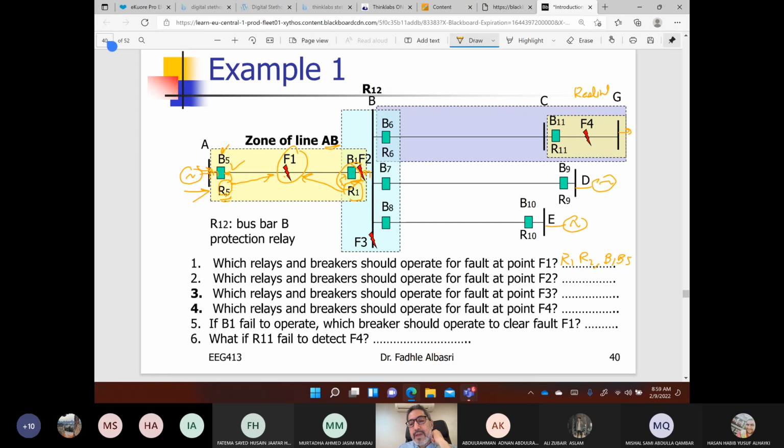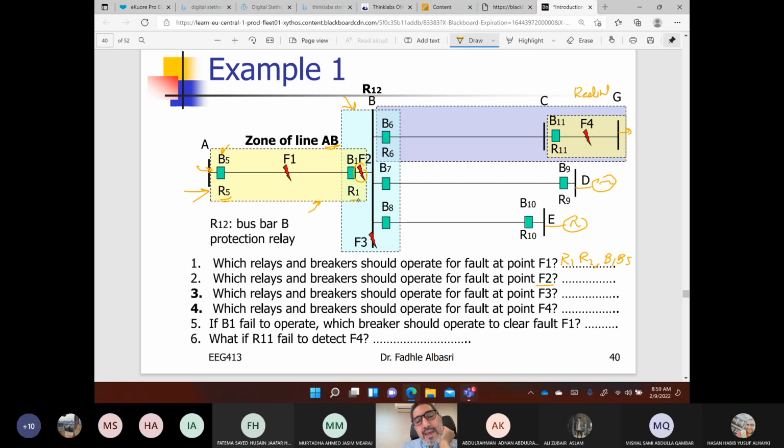Which relays and breakers operated for fault F2? R1, R5, R6, R7? No, F2 is lying in the overlap, meaning in the common area between the busbar zone and the line protection zone.